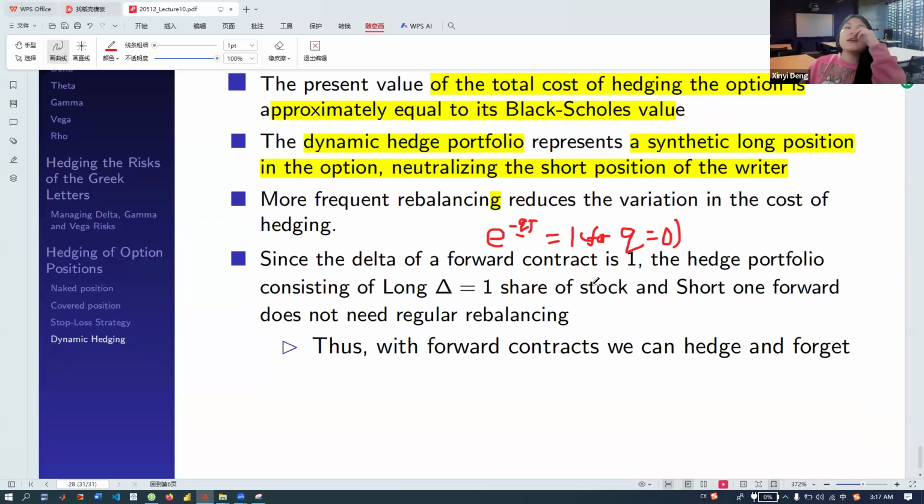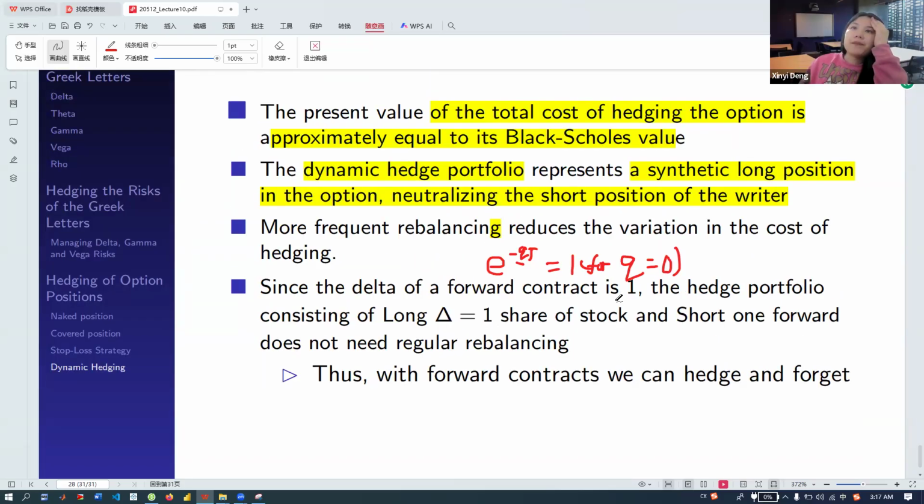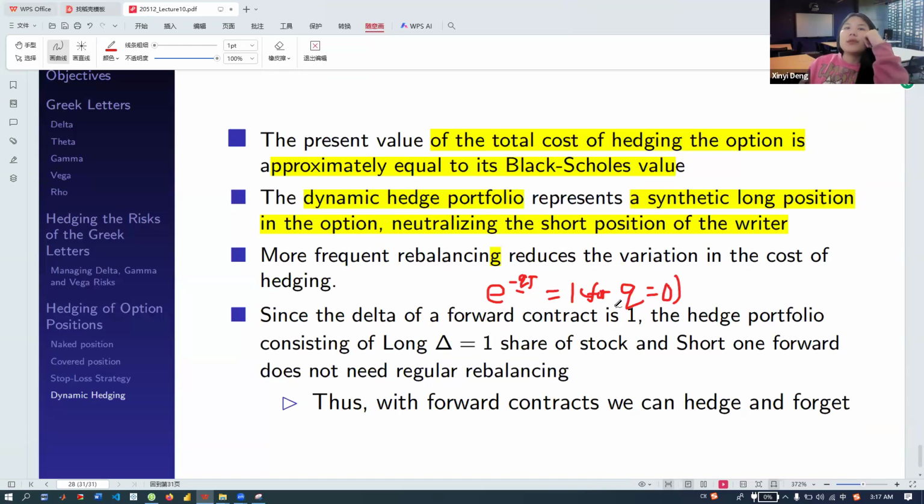So since we have delta of forward being 1 if the underlying has no dividend yield, to hedge our short position in a forward contract, we would just be longing one share of the stock and shorting the one forward.